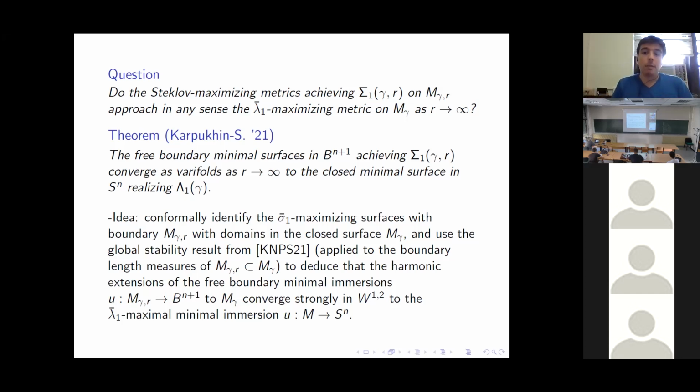Then we use this together with the basic properties of these free boundary minimal surfaces and the limiting guy to show that the harmonic extensions of these free boundary minimal surfaces to the disks inside this closed guy will converge strongly in W1,2 to the maximizing map that we want, the minimal immersion achieving the maximum value for the Laplacian eigenvalue.